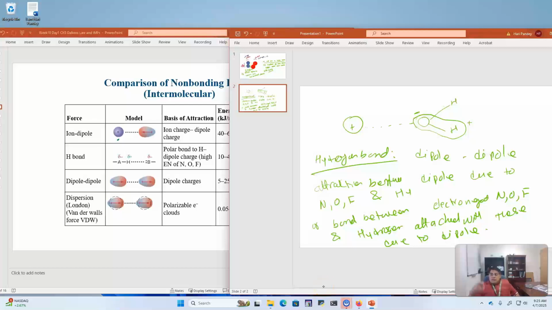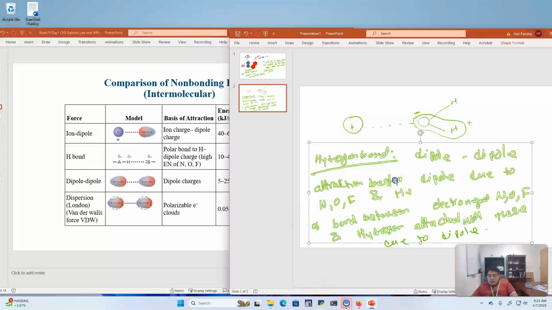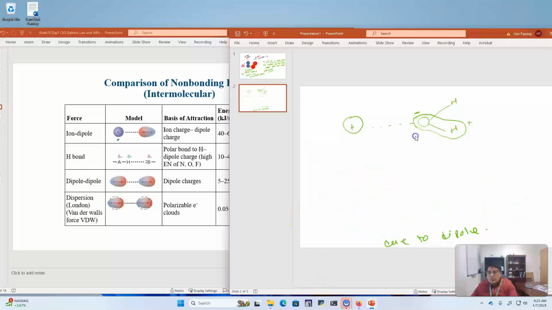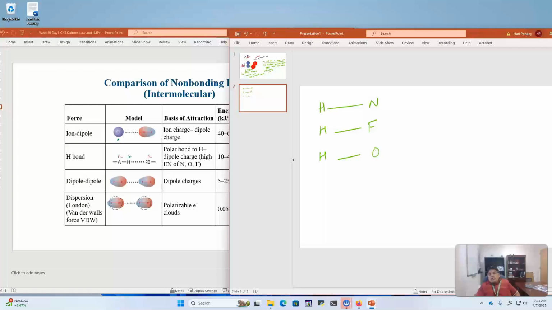Let me write that down in a better way. There is another kind of bond, not the covalent bond. This is neither an ionic bond nor a covalent bond. The hydrogen bond is the bond between hydrogen and either nitrogen, oxygen, or fluorine, but it is not the covalent one.